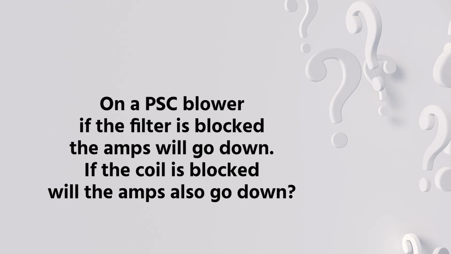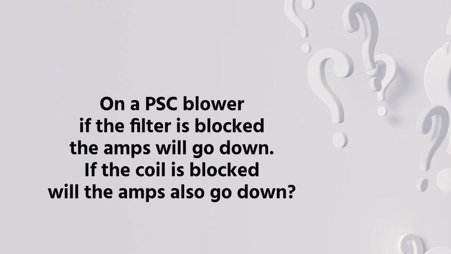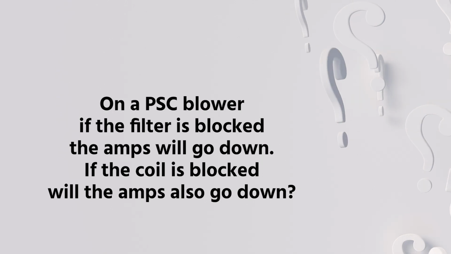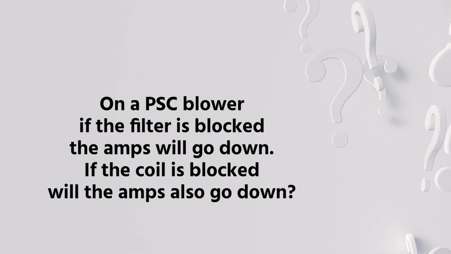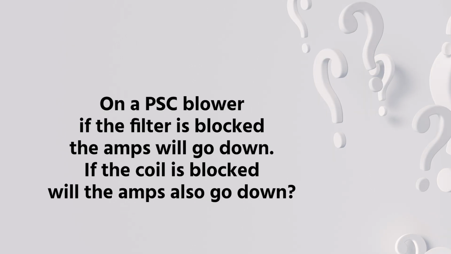Yes. So on a PSC blower, if the filter's plugged up, the amps will go down. But if the coil's plugged up, will the amps also? Yes. And when we look at static pressure, that static pressure is on both sides of that blower. So we have static pressure on the inlet side, we have static pressure on the outlet side.